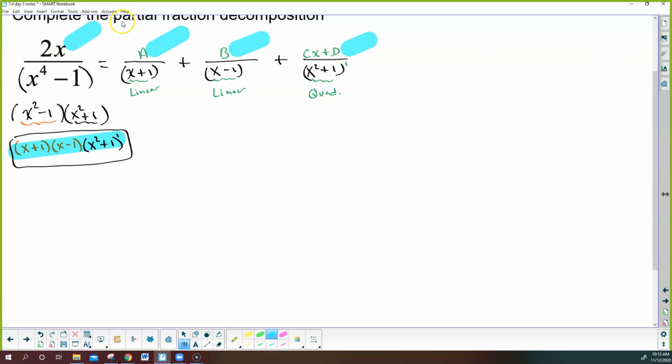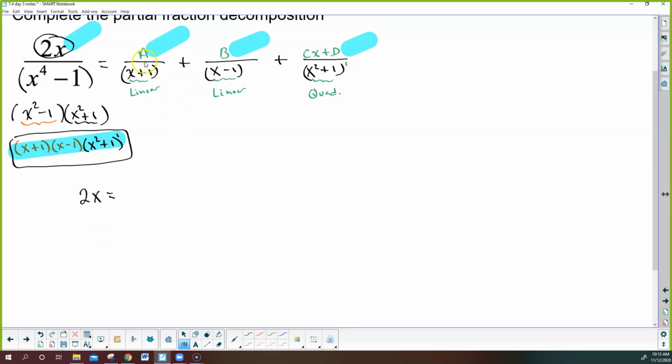Instead of rewriting this, that's the spot where it would go. So instead of doing that, don't we know that x to the fourth, if I write this and multiply it by the numerator, all of these are going to cross out with what would be here, and the only thing that's left is the 2x.